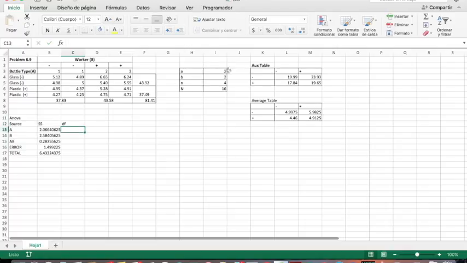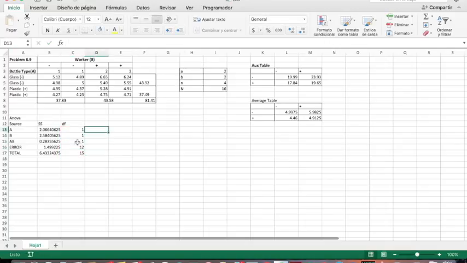Since A and B have two levels, we use 1 because it's always levels minus 1. For AB, it's the multiplication of A times B, which is 1. The total is the total data minus 1, which is 16 minus 1, which is 15, and the error is total minus A minus B minus AB.